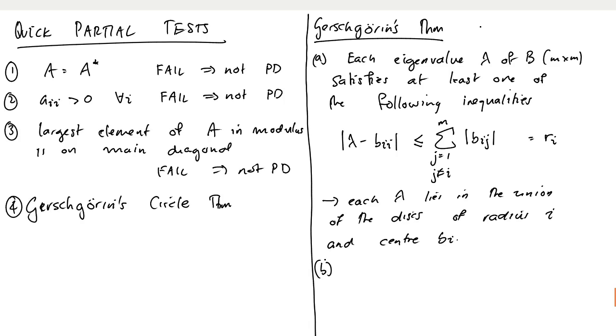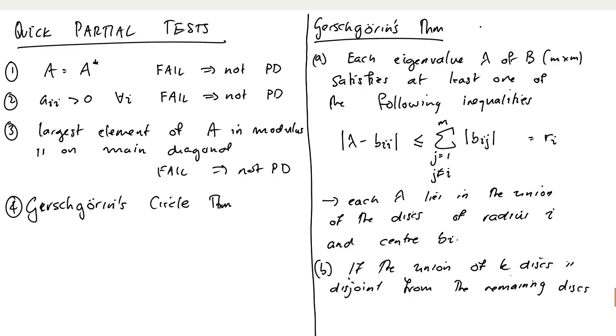The second part deals with the case where some of the disks are disjoint from other ones. If the union of k disks is disjoint from the remaining ones, then k eigenvalues lie in that union.